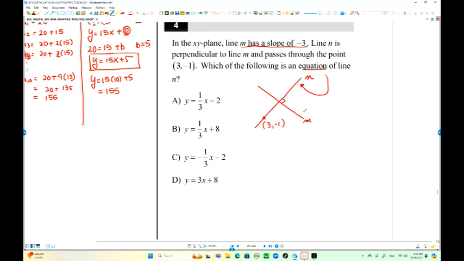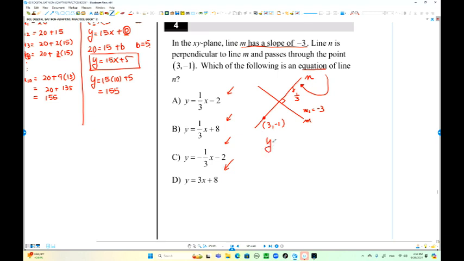This slope is negative 3. The other slope is the negative reciprocal, right? So 1/3. When you take a look over here, they are all in slope-intercept form, right?